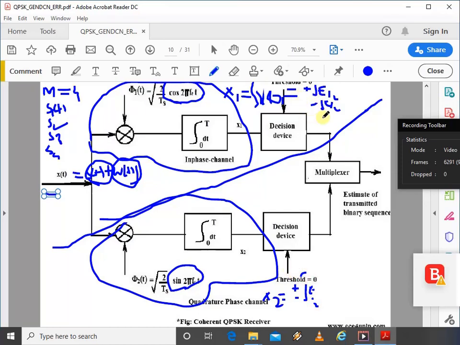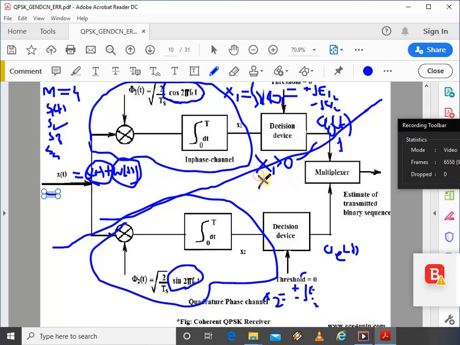Here you want to receive the odd bit stream, and here you want to receive the even bit stream. Then the decision device, which is set with a threshold value equal to 0, compares the value of the random variable x1 with 0. If x1 is greater than 0, the receiver makes the decision in favor of symbol 1.